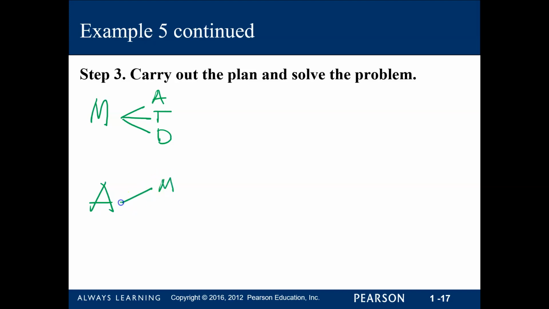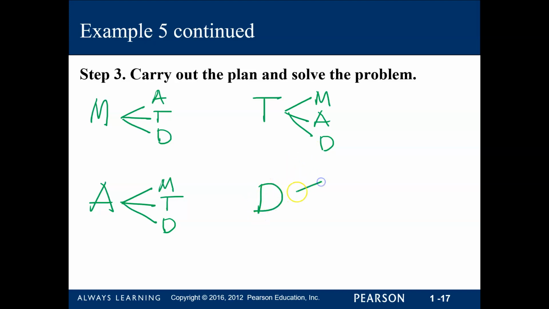Well, it could be Maria, Thelma, or Debbie. But what if Thelma is in the first place? Then Maria could be second, Aretha could be second, and also Debbie could be second. And the last possible option is what if Debbie is in the first place? Who would be in second place? It could be Maria, Aretha, or Thelma.